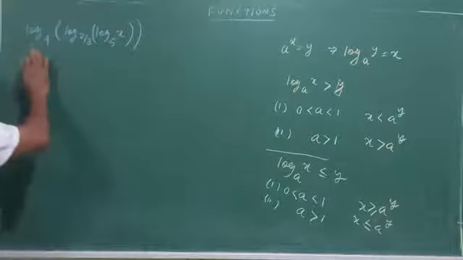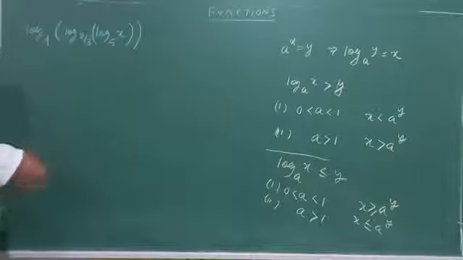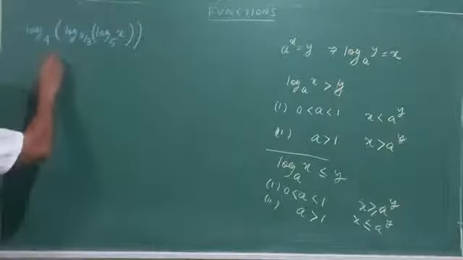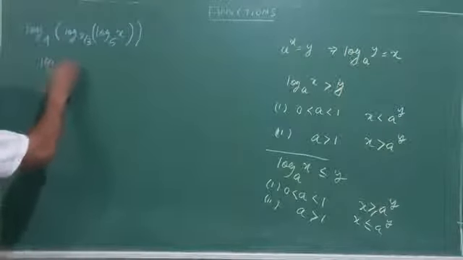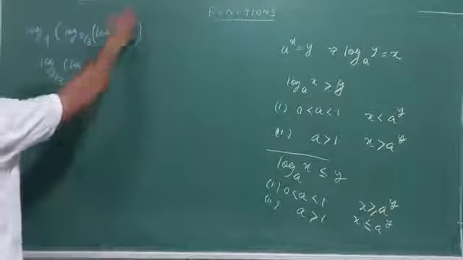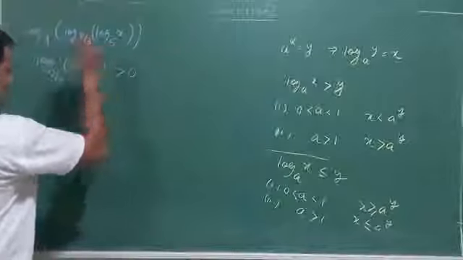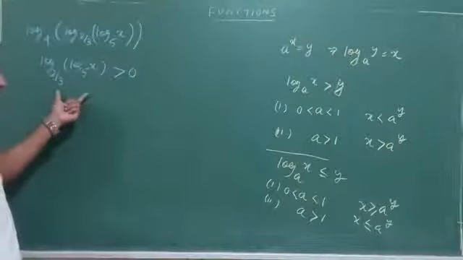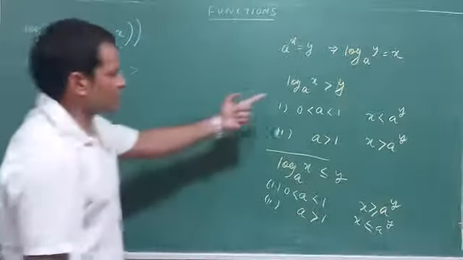Then I will start the question with log 4; the base is positive. I will treat this one as x. Log base 2 by 3 of log 5x must be greater than 0. This value should be greater than 0. Now, this is the inequality of log greater than 0. I will stick to this condition.